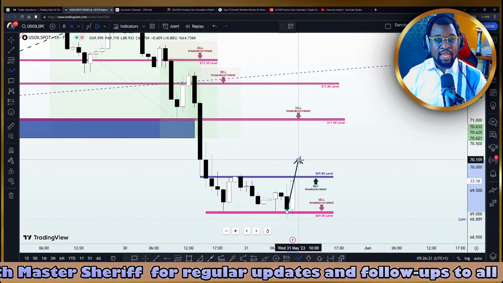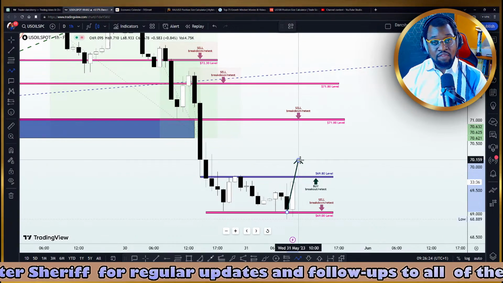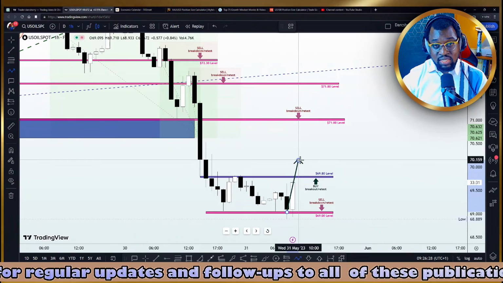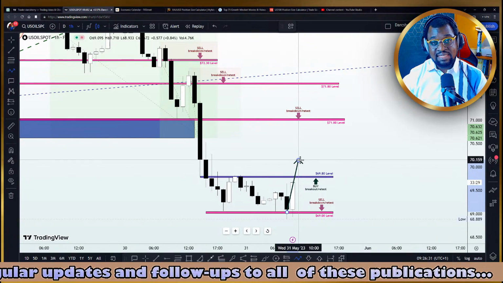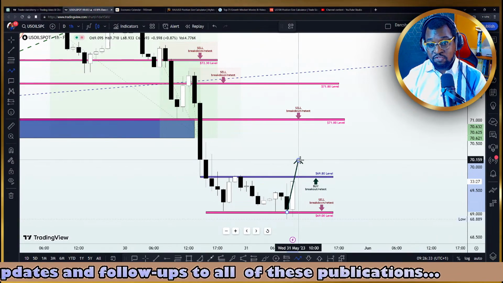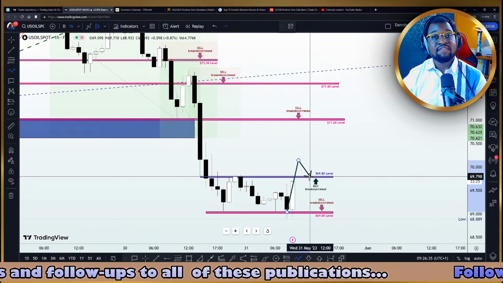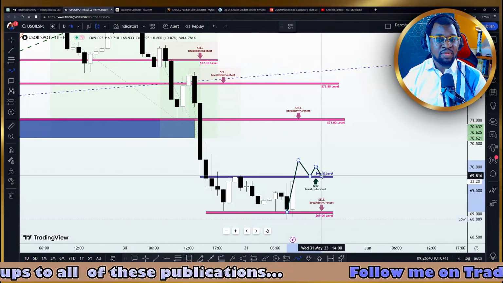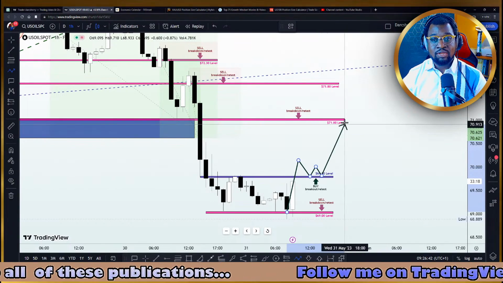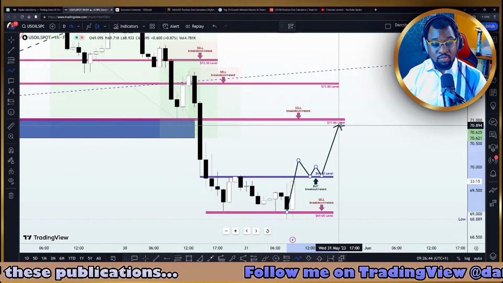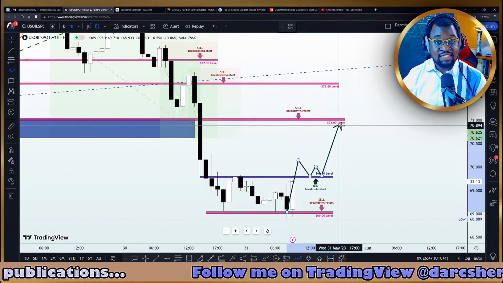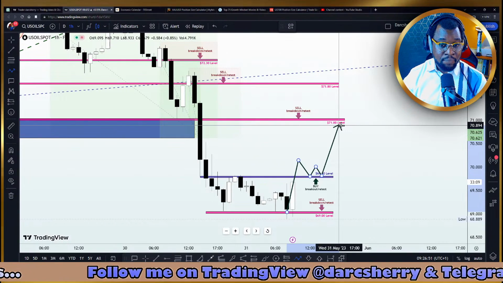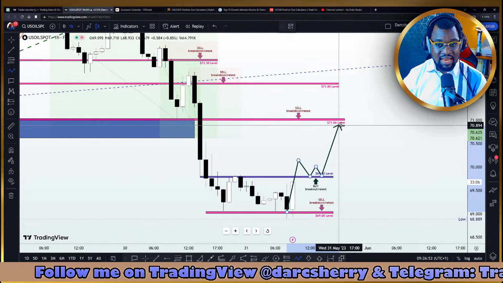So what we want to do here, as soon as we have a breakout of the $69.80 level, is to scale down into our lower time frame, like our 15, 10 minutes or 5 minutes time frame, to look out for a retest of structure, giving us signs that buyers are gradually gaining some momentum around or below that area to incite another wave to the upside. So we want to be part of that move as soon as we start seeing signs that buying momentum is gradually building up above the $69.80 level.